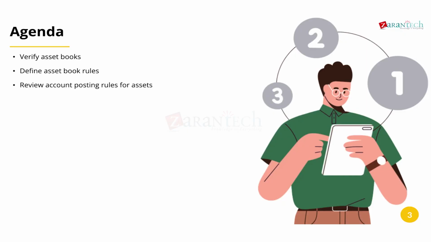And then we need to review the accounting posting rules for the assets, because in the asset book rules we are going to mention some spend categories, and those spend categories or the spend category hierarchy must be linked to a certain ledger. So that's why we need to review some of the posting rules as well.